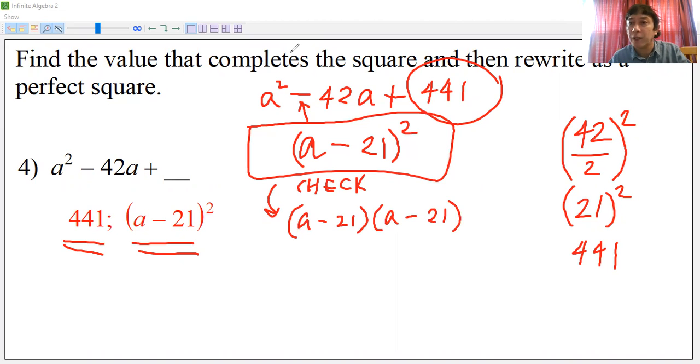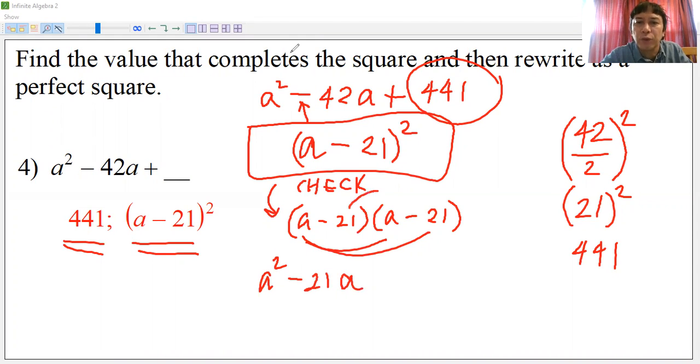And so you can multiply this, and you have a times a, a squared. Then a times the negative 21, which gives negative 21a. And then negative 21 times a, that's another negative 21a. And finally, negative 21 times negative 21. Negative times negative is a positive 441.